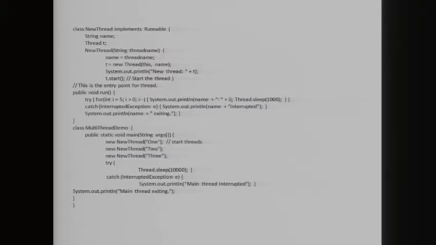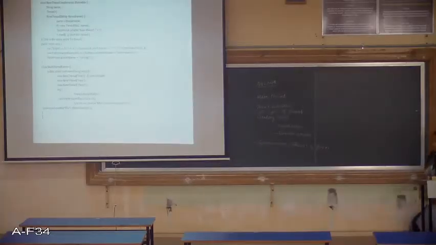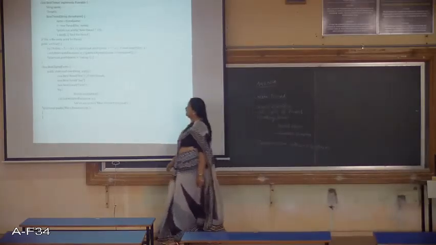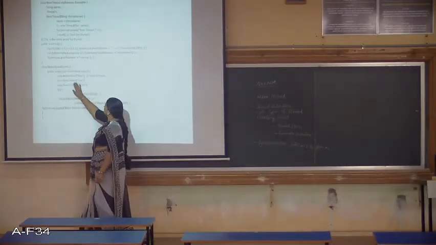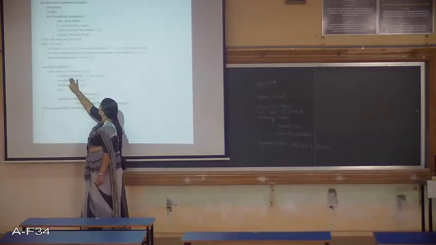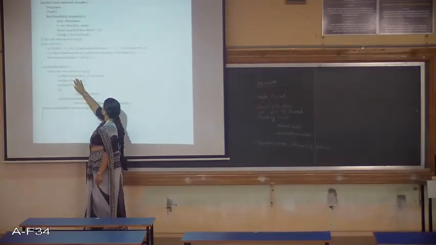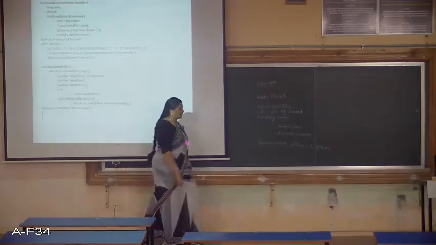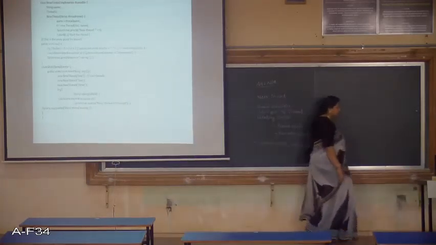You can just have a look at this. We have three threads getting created over here. So far we had seen only the main thread and the child thread. But this time you can see that we are trying to create three threads, that is 1, 2 and 3.